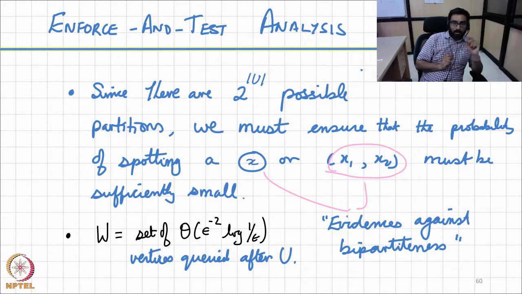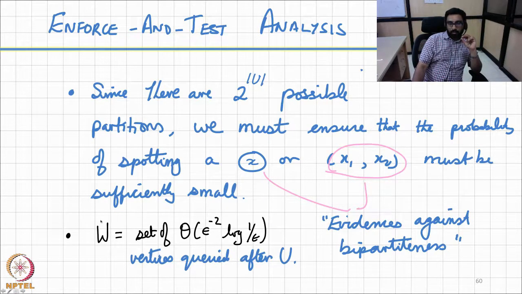The goal is that for each of these 2 power |U| possible partitions, we should be able to find a violating structure, either an X or an edge x1, x2. For this purpose, we set the test part.